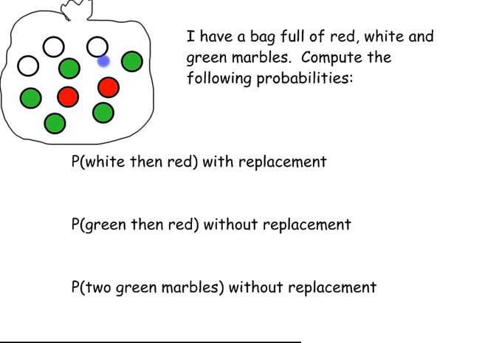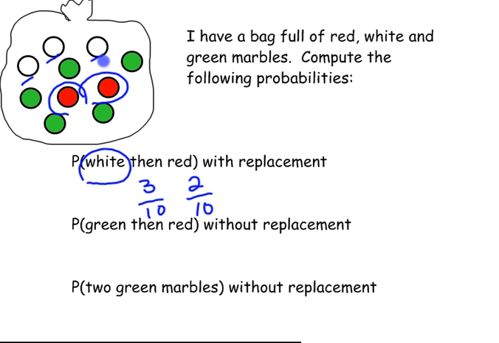So for the first example, we want the probability of white and then the probability of red. We do each probability separately first. The probability of getting a white is 3 because I have 3 white marbles out of 10 because I have 10 total marbles. So the probability of getting a white is 3/10. Then I put the white marble back in and I try to draw a red. Well, I have 2 red marbles out of 10, so the probability of drawing a red is 2 out of 10.